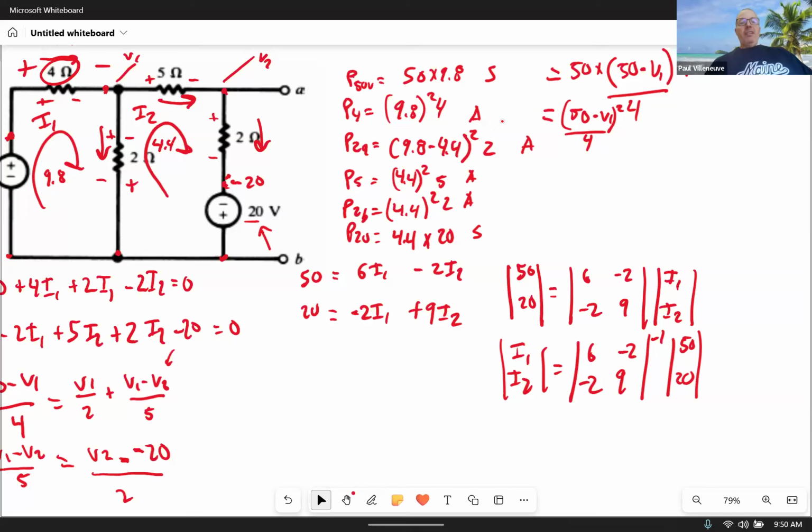So over here, if I'm going to get what the power is, that's going to be equal to V times I, it's 20 volts, multiplied by V2 minus a minus 20 all over 2 ohms.